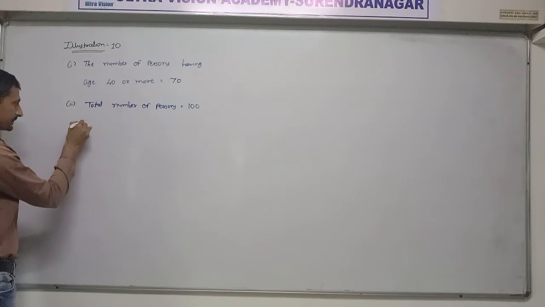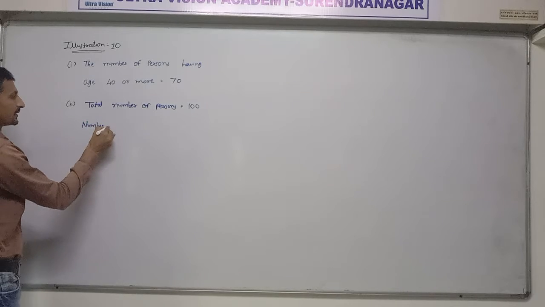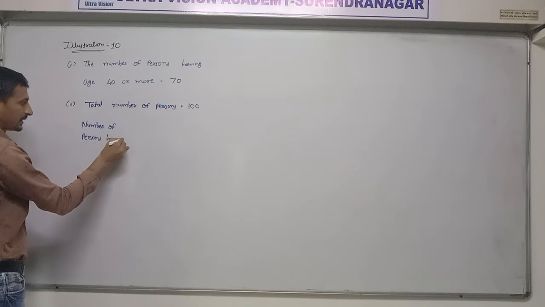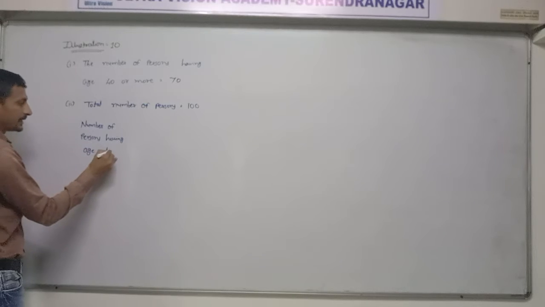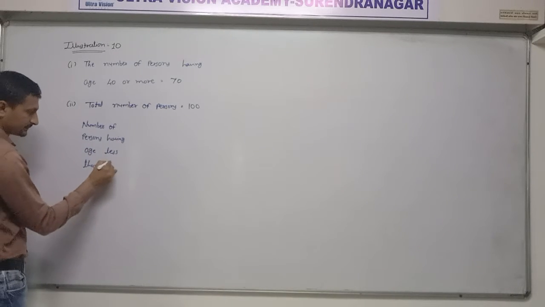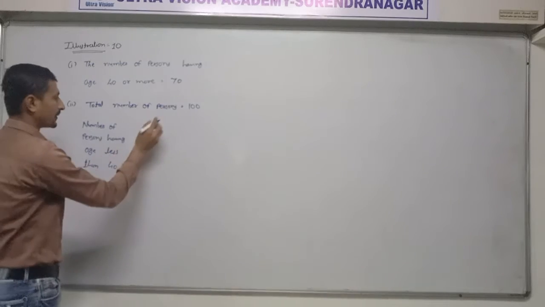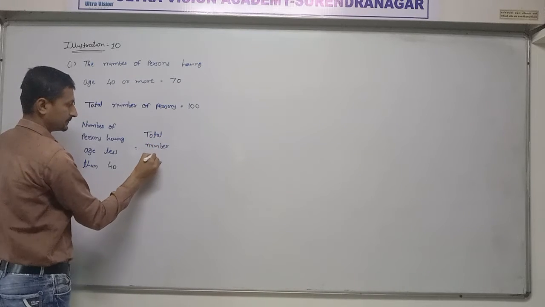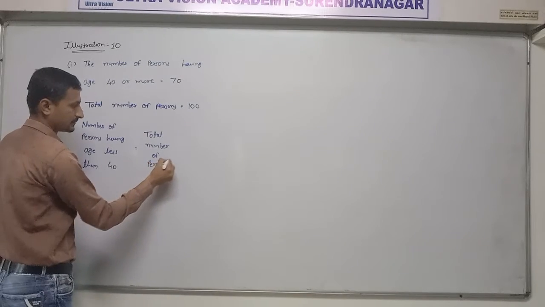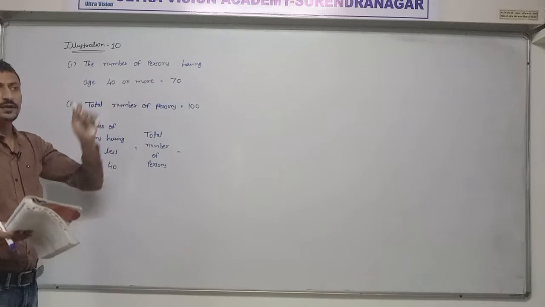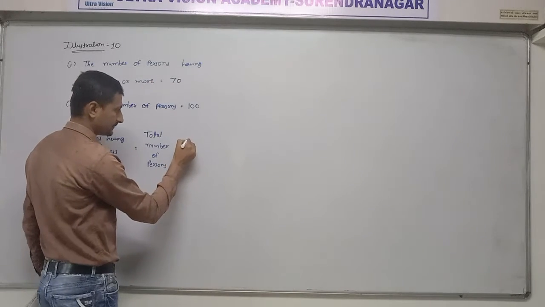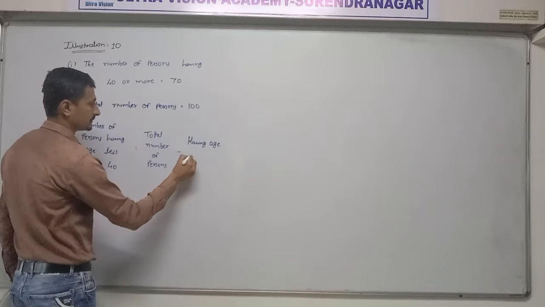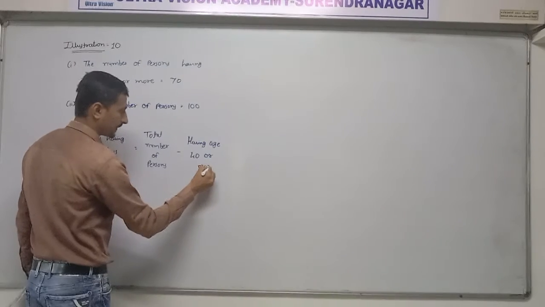Write down the number of persons having age less than 40 is equal to the total number of persons, that is total frequency, minus the number of persons having age 40 or more.